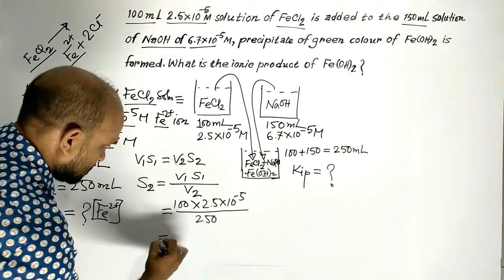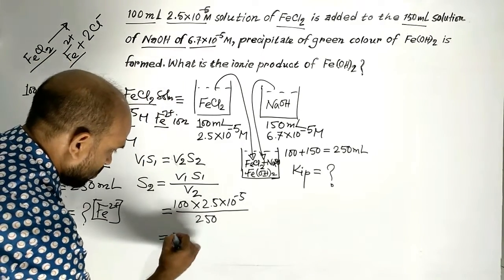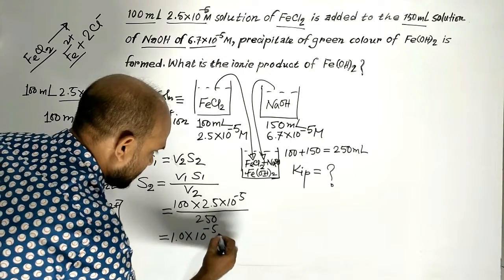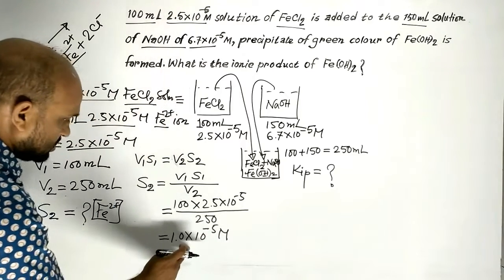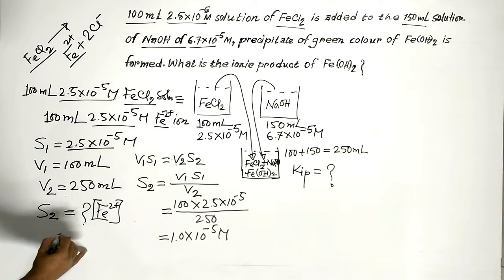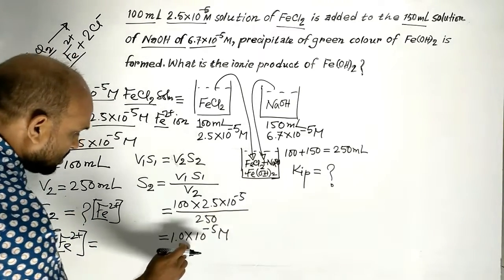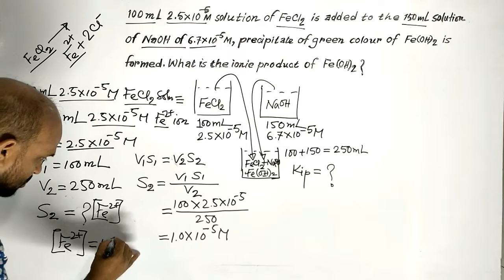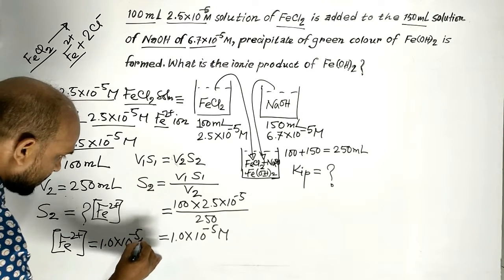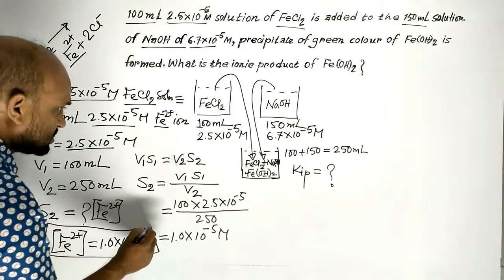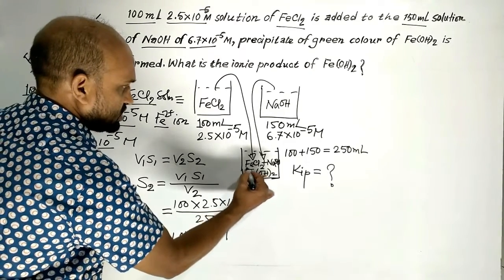Then this is equal to 1.0 times 10 to the power minus 5 molar. This is the concentration of ferrous ion in the mixture.